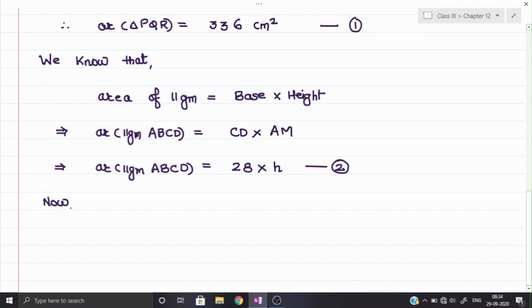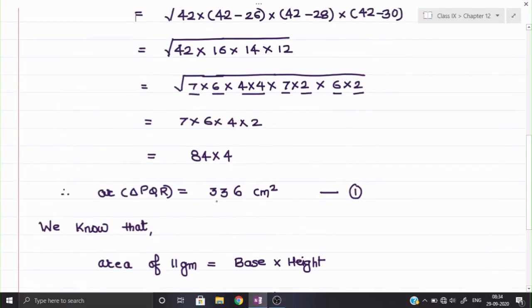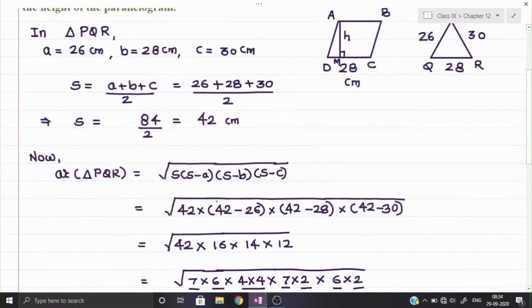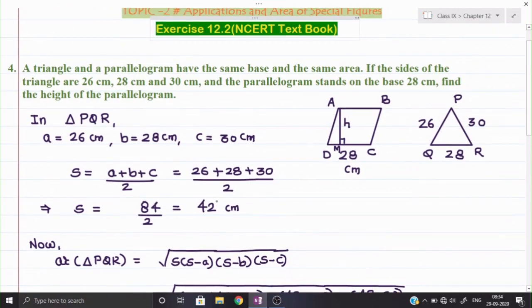Now we shall write according to the question. In the question, what is given? See, in the question it is given that the area of both the figures is the same. A triangle and a parallelogram have the same base and same area. See, it is written over there, the areas are the same, right?